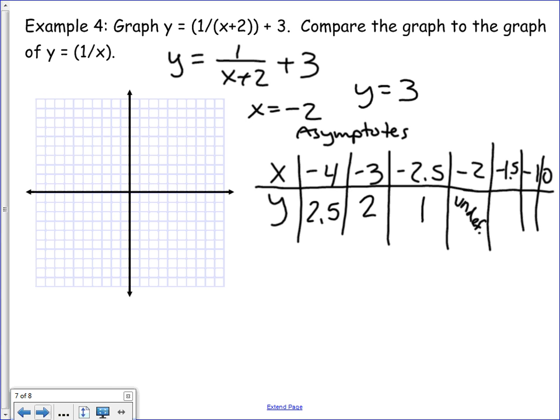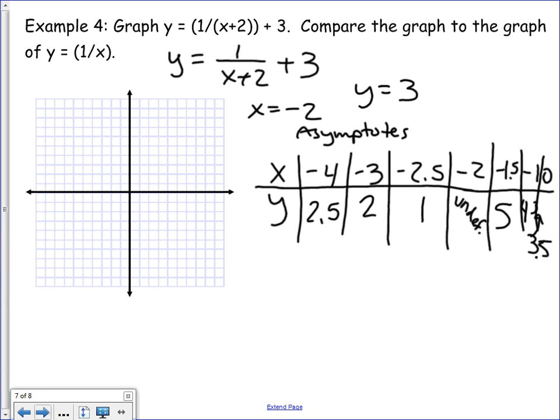When x is -1.5, then we get 5. When x is -1, then we get 4. And when x is 0, we get 3.5. Oops, I am kind of running out of room there, so 3.5 goes up here.